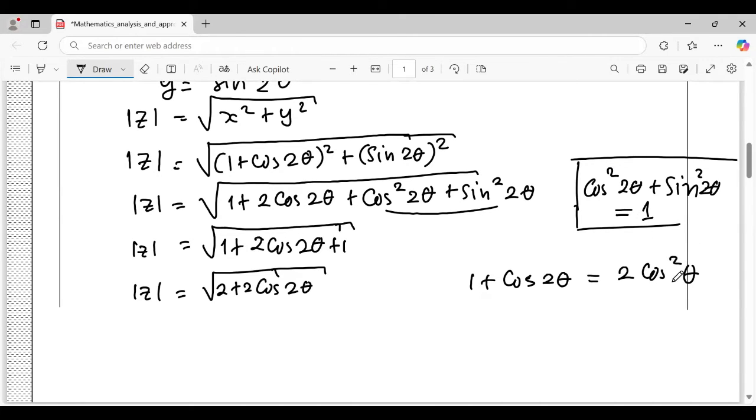So we can write this part as 2 times 1 plus cosine 2 theta.